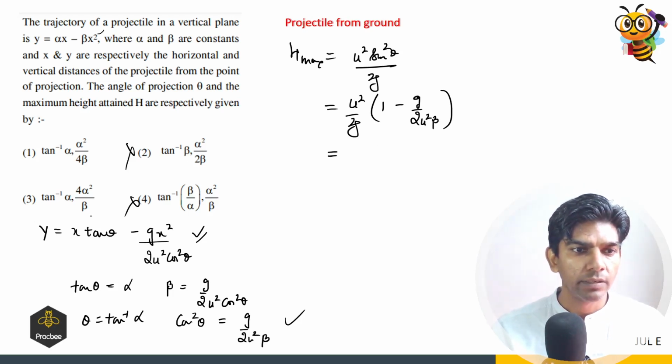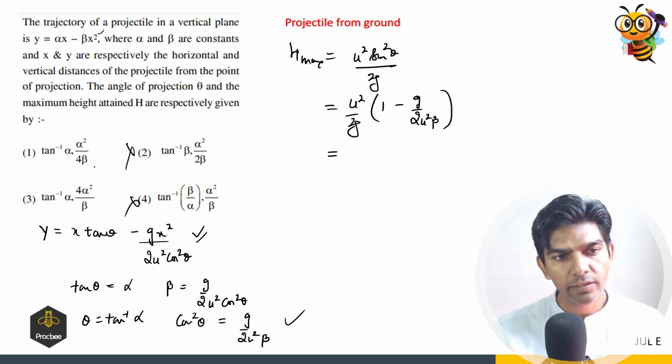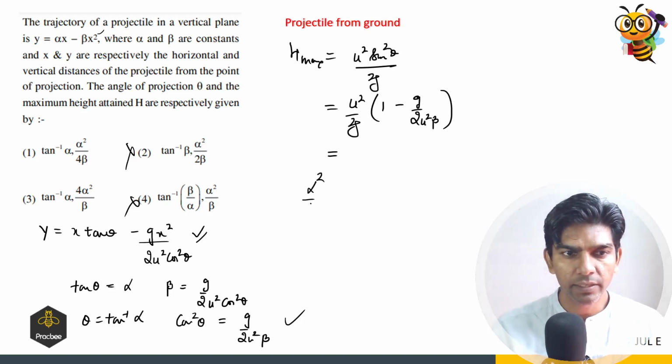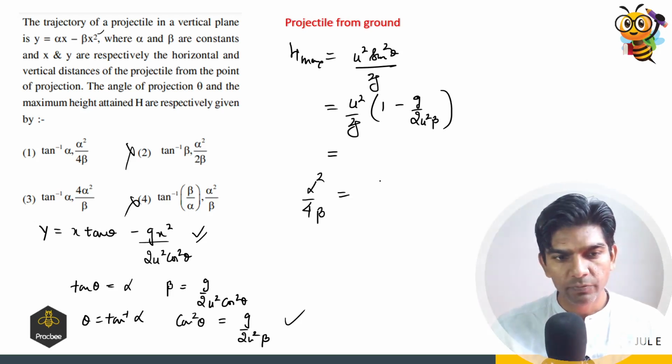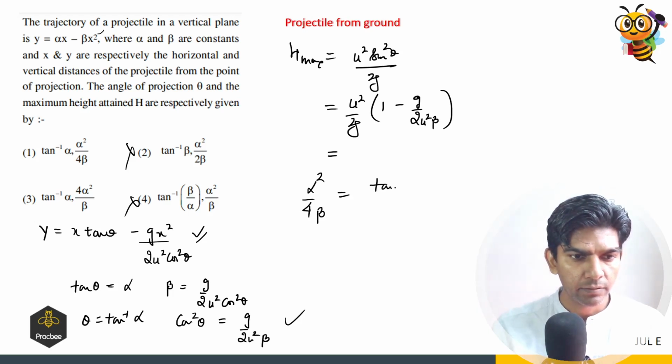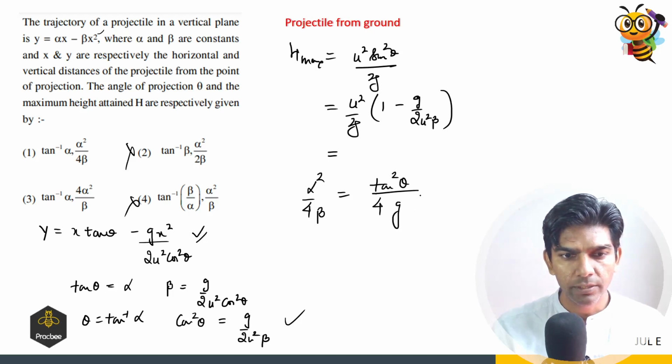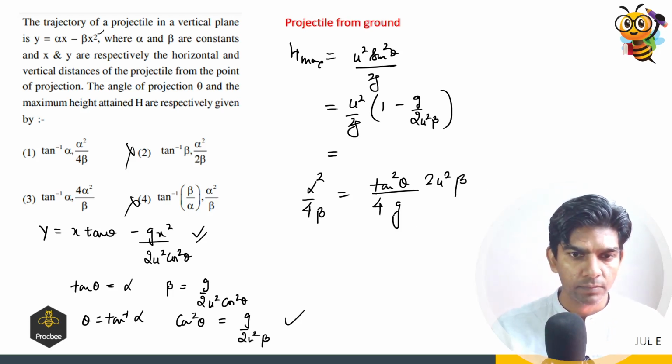So if you look at the option, it says alpha square by 4 beta. Let me first calculate that. Alpha square by 4 beta will be tan square theta divided by 4 beta, which will be g by 2u square cos square theta.